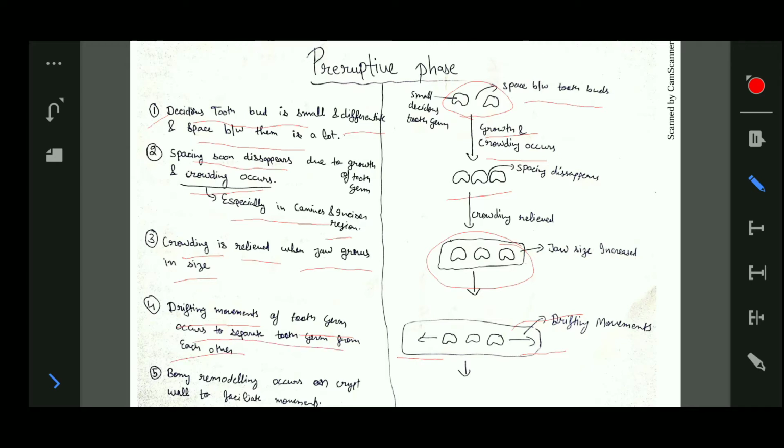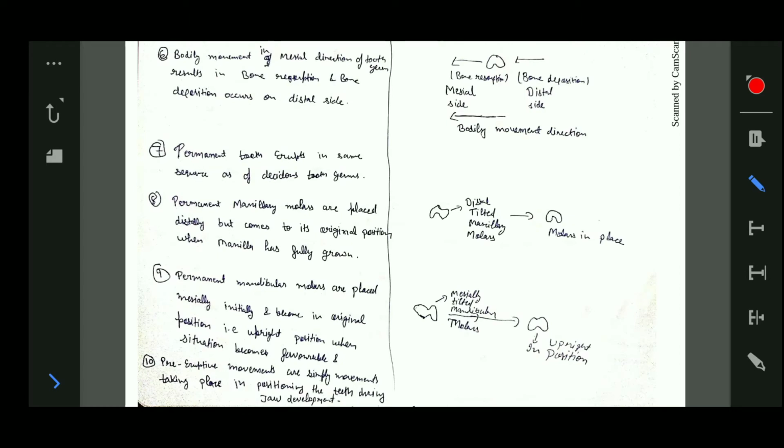This is facilitated by the bony crypt, which is simply a cavity in the bone, and bony remodeling occurs. As the bodily movements continue, the tooth germ moves in the mesial direction, which results in bone resorption, and on the opposite side, the distal side, bone deposition occurs.